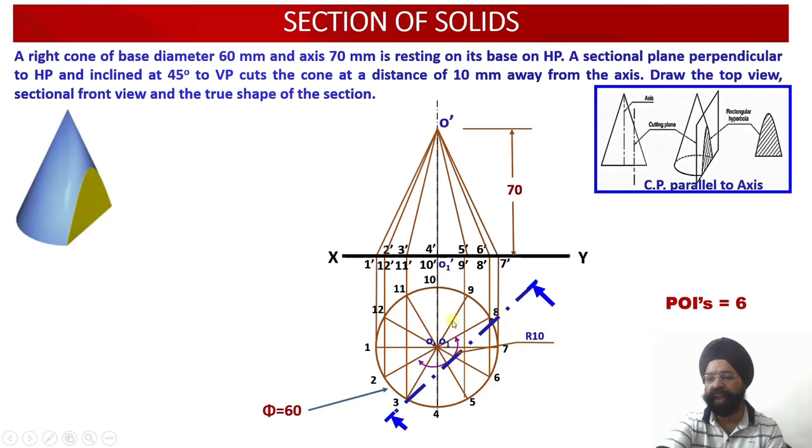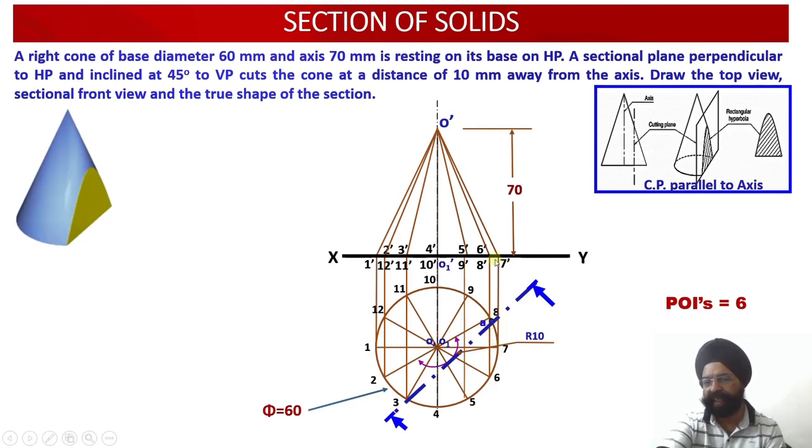This first point is lying on the base of the cone, and I am going to name this point as small a. It is the name of the point which is obtained between the sectors 7 and 8, which is lying on the base.